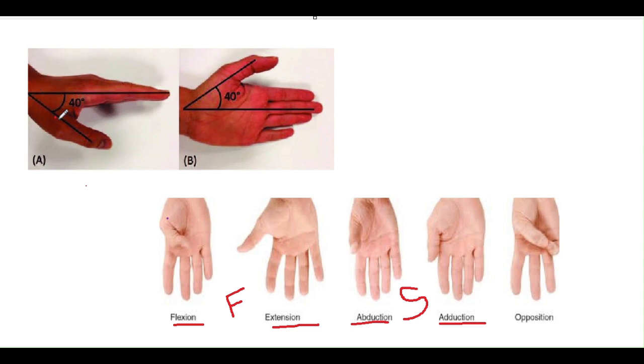Now, in anatomical position, the thumb is not aligned with the other fingers. Okay, it is aligned 40 degrees away from the fingers, as a result of which the movements of the thumb are directed differently from the other fingers.